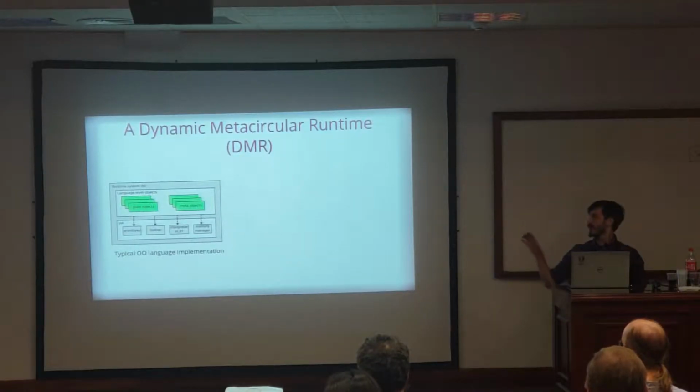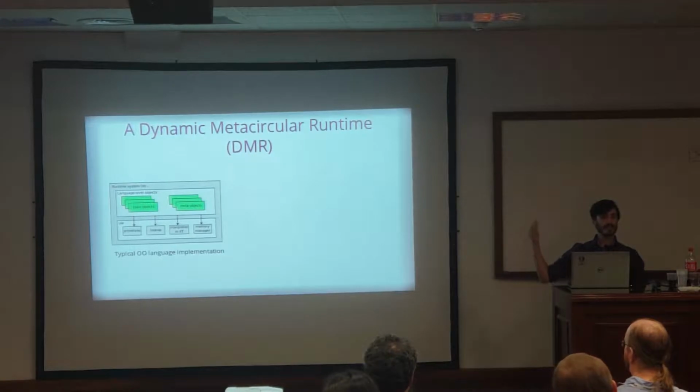Well, what we have here is a diagram of a typical Smalltalk VM or any other object-oriented language. We have one layer, the one in green, that represents the objects of the language in the image, right? Like you have, I don't know, OrderedCollection, you have also meta-objects like the classes, the method dictionaries, and most things needed for execution, and also for representing the knowledge in our system.